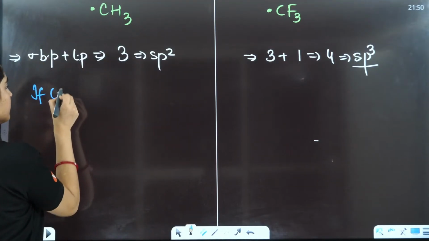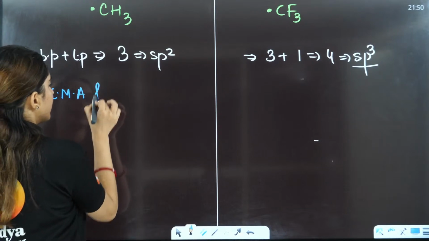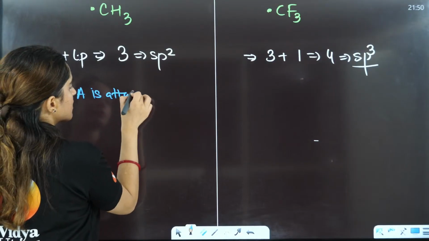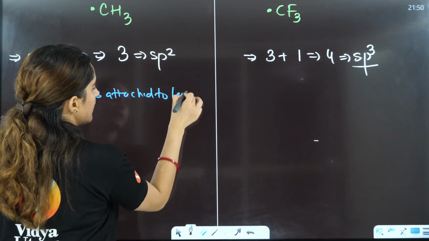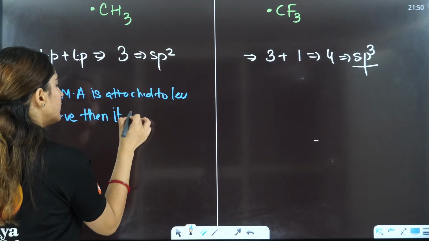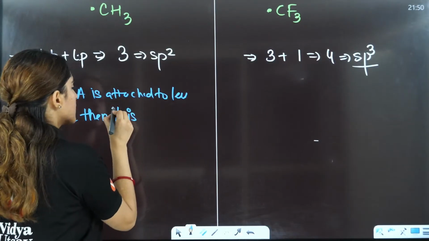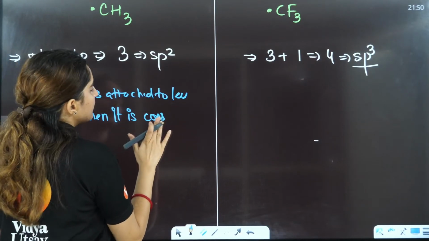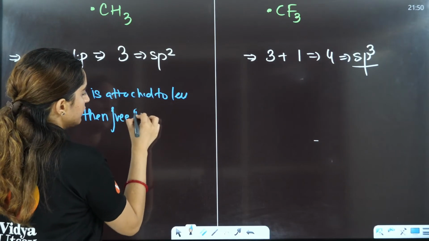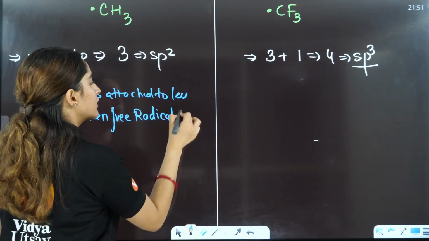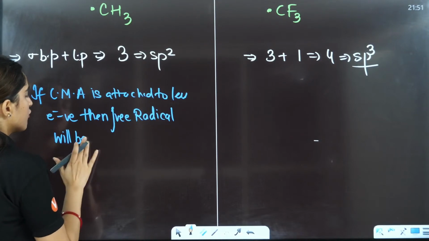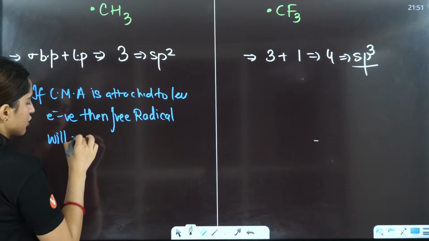If the central atom is attached to less electronegative atoms, then the free radical will be ignored and will not take part in hybridization.